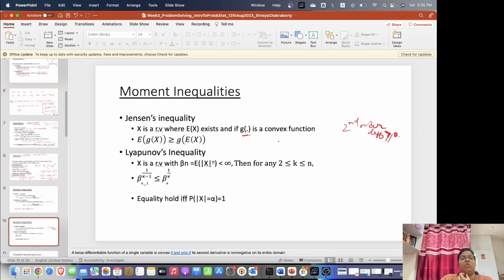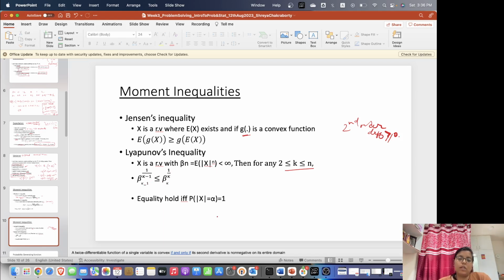Okay, so if it is a convex function, then expectation of g(x) will be greater than or equal to g of expectation of x. And we also have Lyapunov's inequality, which states that if beta n, that is expectation of mod x to the power n, exists, then for any k we would have beta k minus 1 to the power 1 by k minus 1 less than or equal to beta k to the power 1 by k.